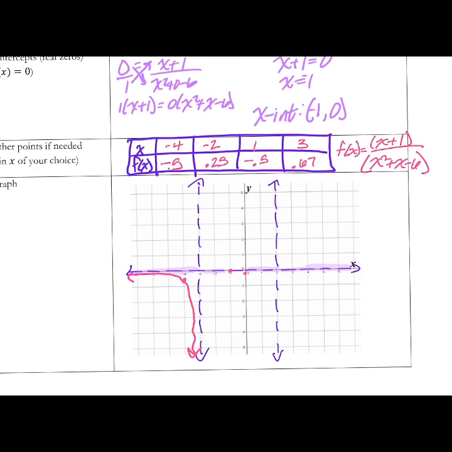And if I plug in my other points here, 2, 0.25, and 1, negative 0.5, okay, it's going to kind of snake around here. So it kind of looks like this. There we go. And 3, 2/3 about there.